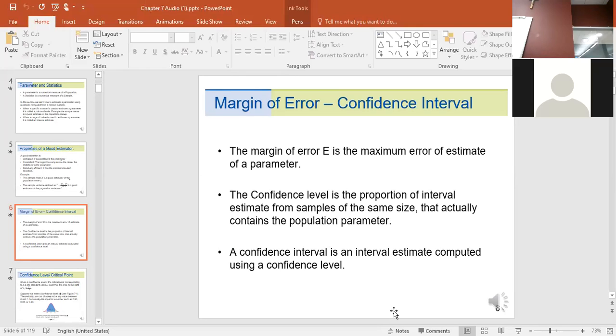I want you to toss a coin 50 times and tell me the proportion of heads. We are going to answer that kind of problem also in this chapter.